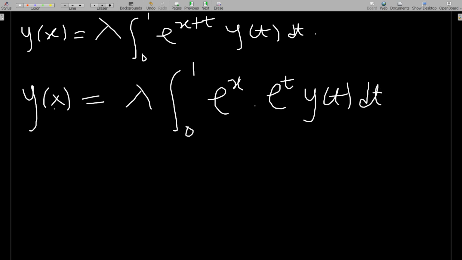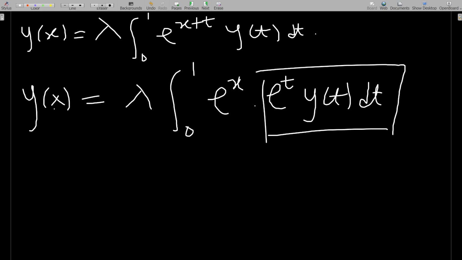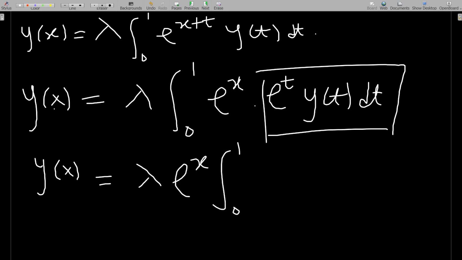Since we are integrating with respect to t, we can maintain the functions of t under the integral sign and push the function of x out, since x is a constant under the integral. So lambda e to the x, integral from 0 to 1, of e to the t y of t dt.